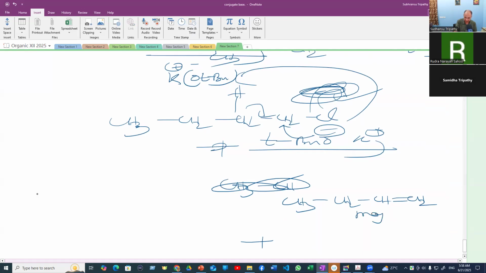This is major. The minor will be the Williamson synthesis of ether, O-t-Bu, that is tert-butyl n-butyl ether.